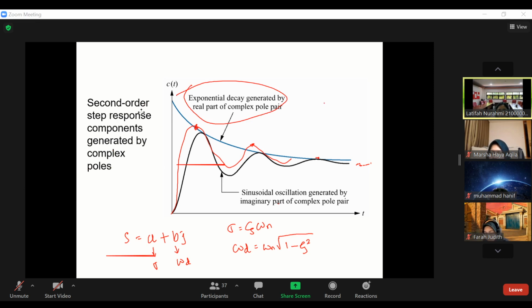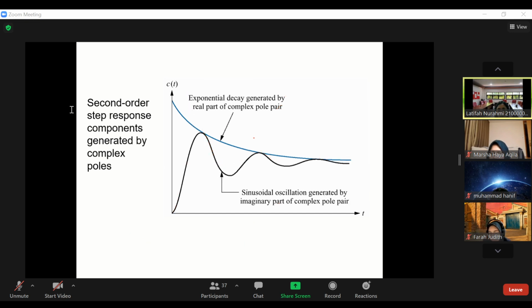If you have an output, let's say we draw it in the time function, example like this. Okay. So this oscillation is generated due to the omega d, and how the peak decays from one peak is also reduced.